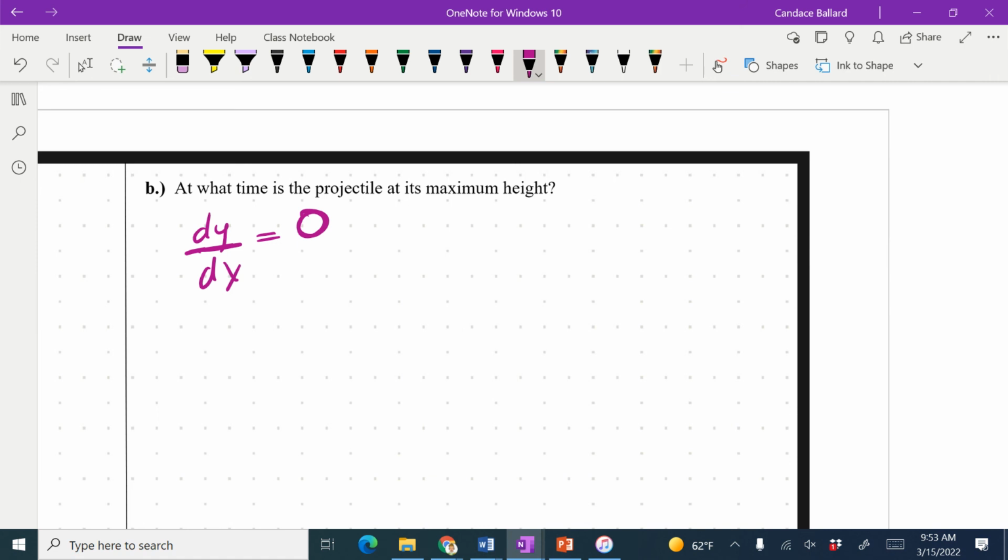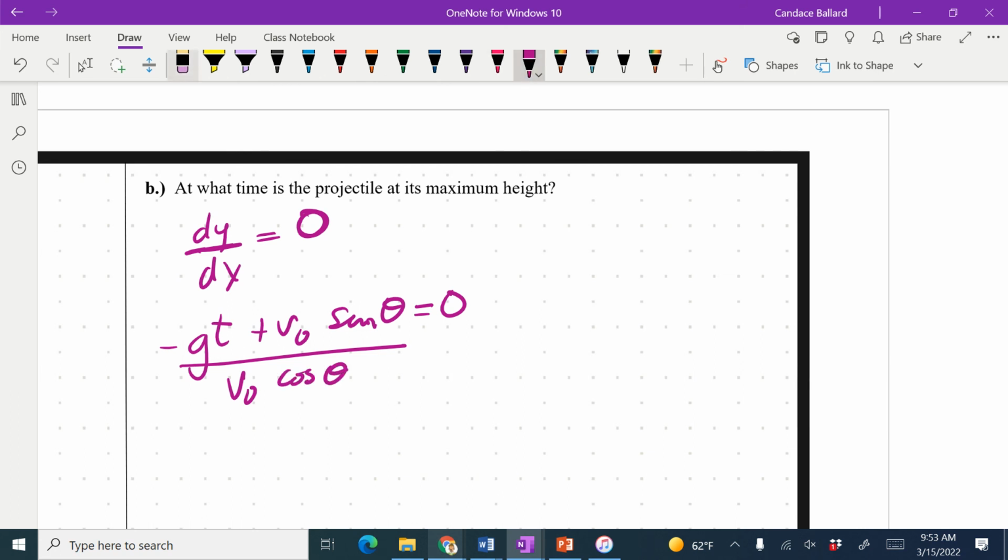So I'm going to take my derivative that I just got and I'm going to set it equal to 0. That's thinking back to, remember our critical numbers and our sign charts and all of that stuff. Our maxes and mins come from when derivative equals 0. So we're going to set our derivative equal to 0. So negative g t plus V sub 0 sine theta, all over V sub 0 cosine theta, the whole thing equal to 0 like that.